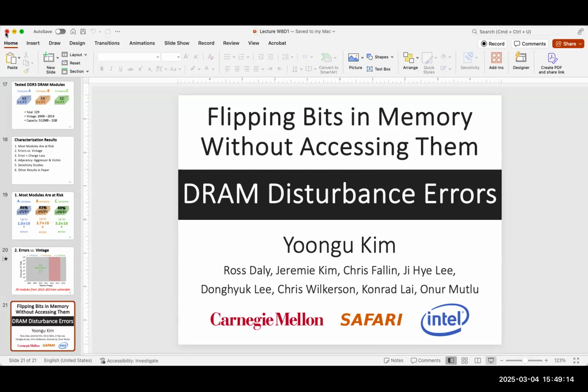But if you ask whether, as a result of Rowhammer, Flush+Reload will be able to steal more bits of the secret key, I don't think so.